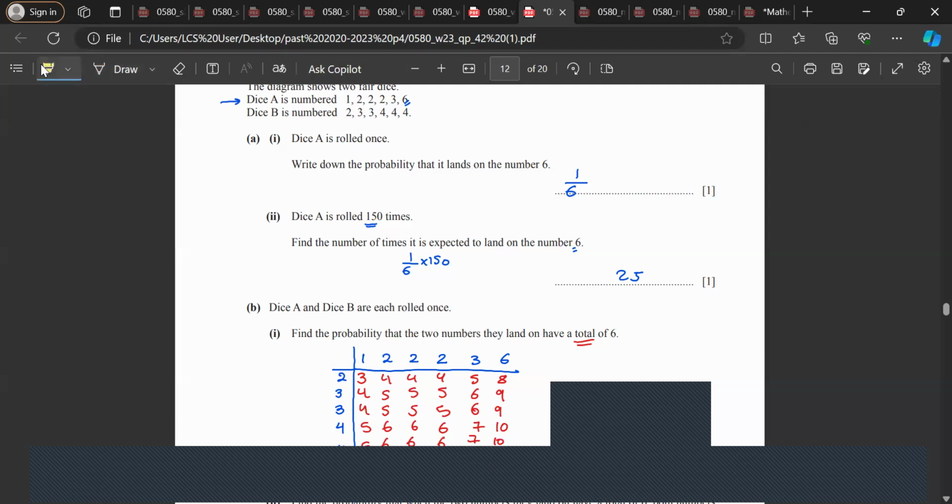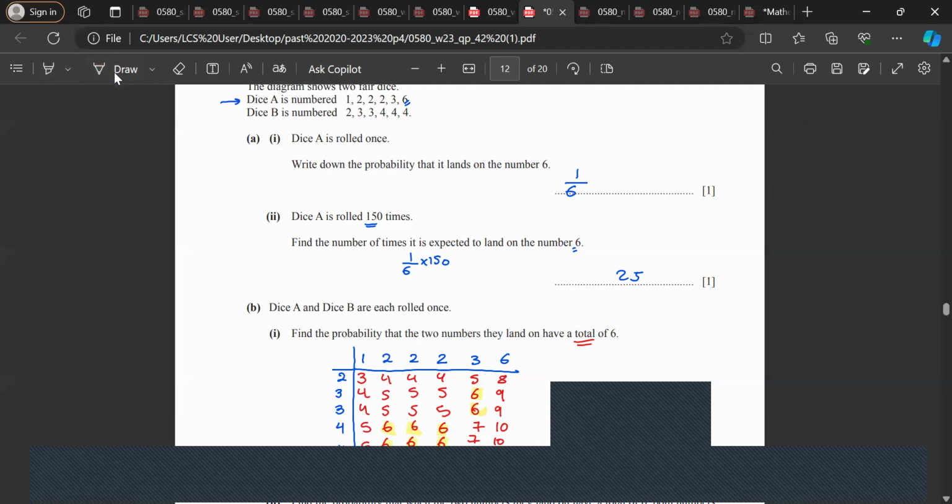Can you tell me how many of these have a total of 6? I have this one, this one, this one. Any other? No. Okay.